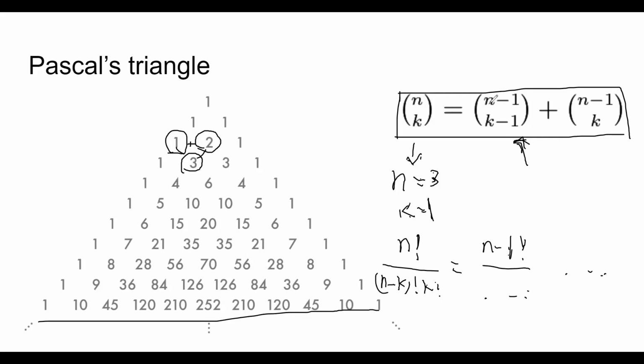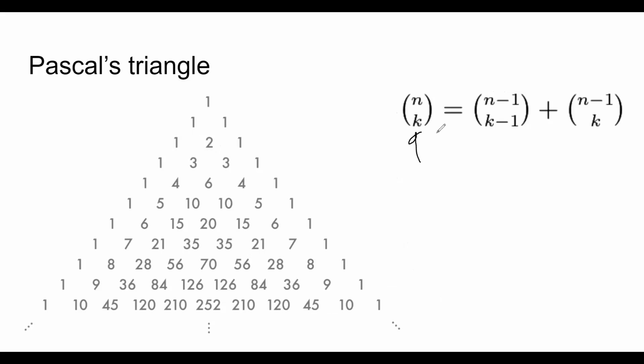To illustrate this, consider what n choose k means. This is the number of ways to choose k people out of a total of n people, right? So this is n minus 1 choose k minus 1.